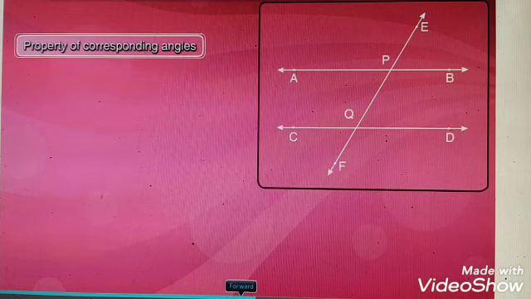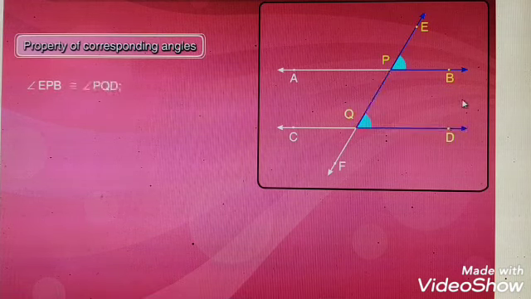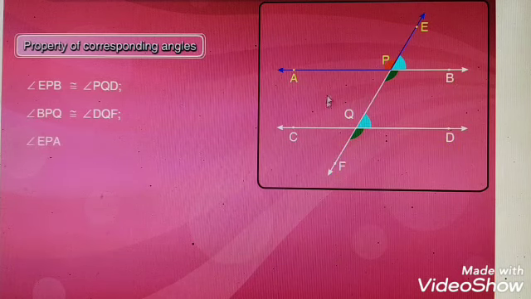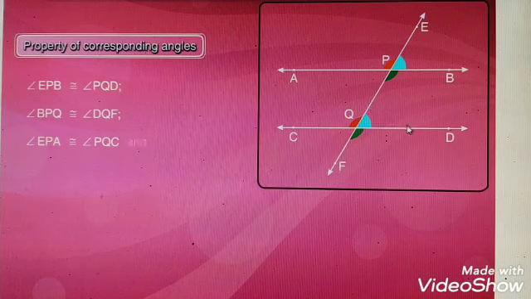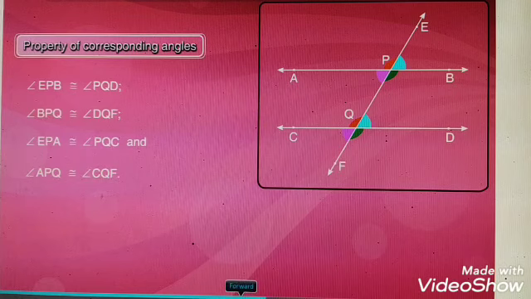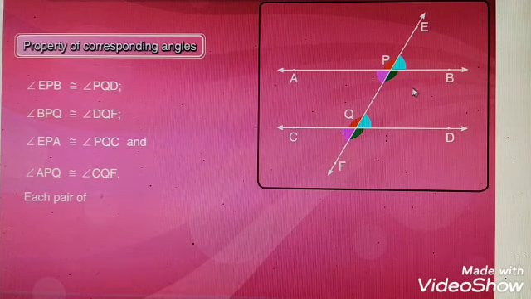Now let's see the property of corresponding angles. Angle EPB is congruent to angle PQD.